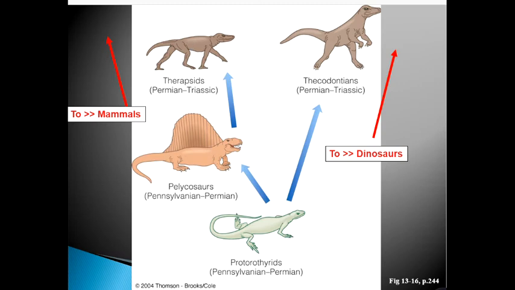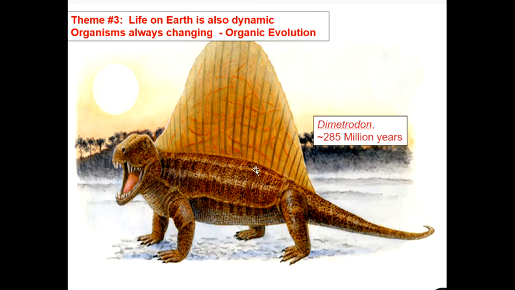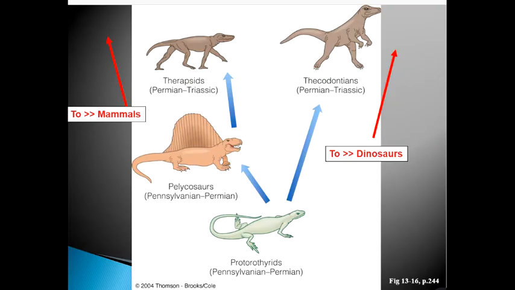You are more closely related to Dimetrodon than any dinosaur was, because dinosaurs are a completely different evolutionary lineage that evolves from this same ancient lizardoid type ancestor. Interesting to think about.